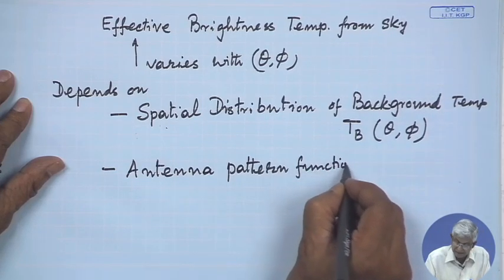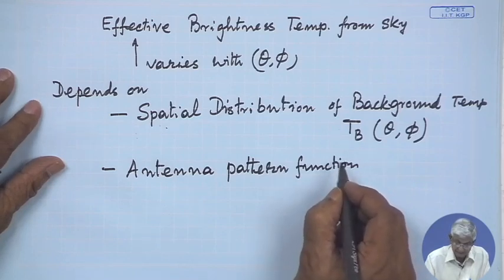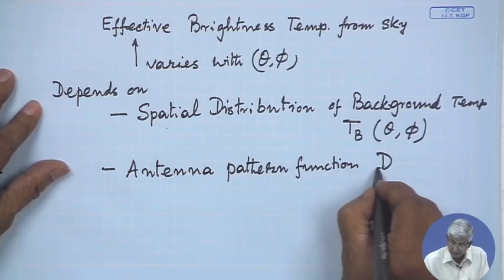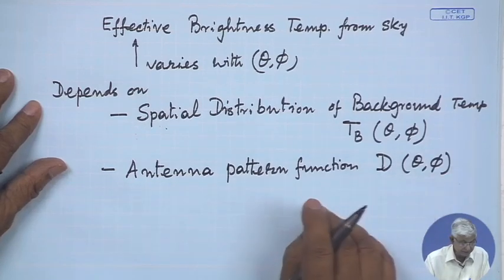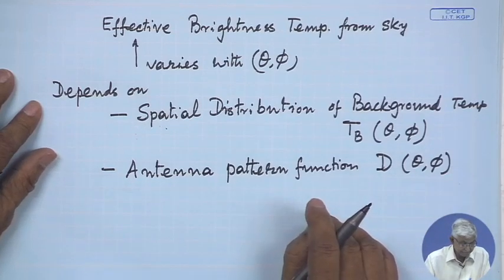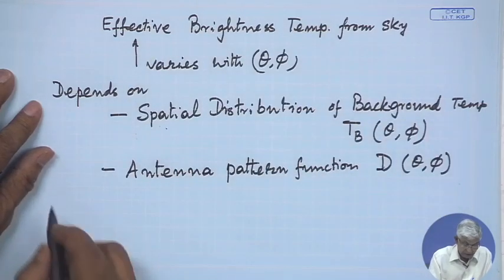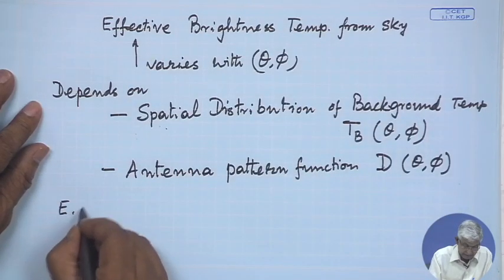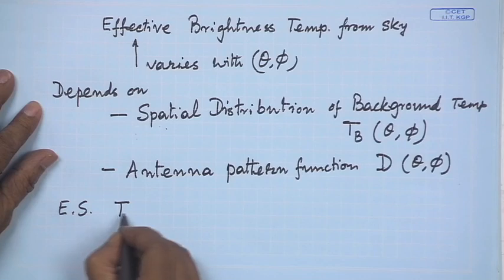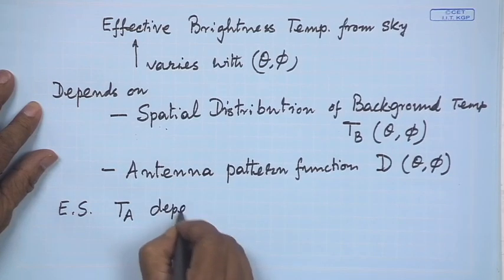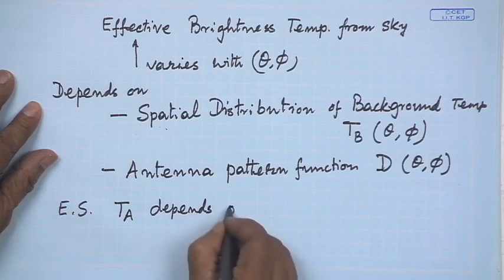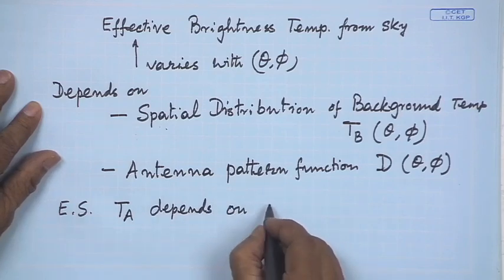That is the radiation pattern, we can say, which we know directive gain D depends on theta and phi, which direction it is. So, in short, the earth station antenna temperature depends on a couple of parameters.